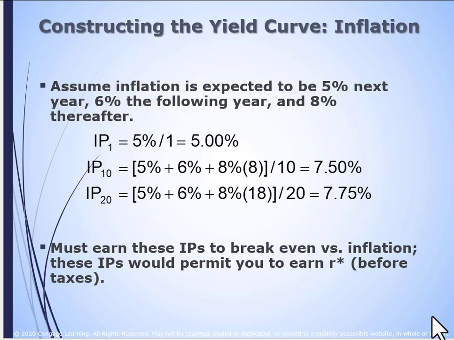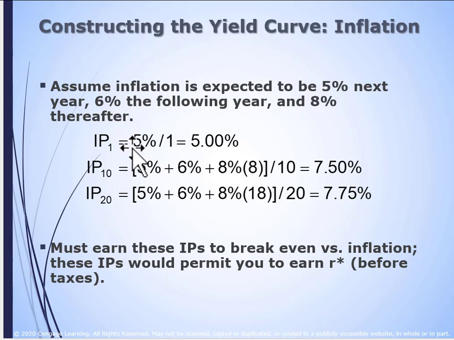So let's just assume that we have predicted interest rates moving forward: 5% next year, 6% in year 2, 8% year after. How you calculate expected inflation is the average of what you think is in the future.